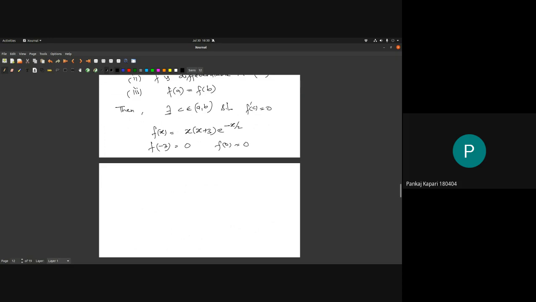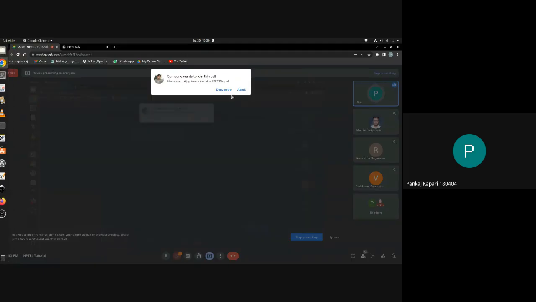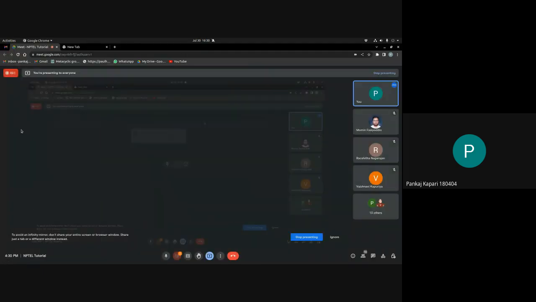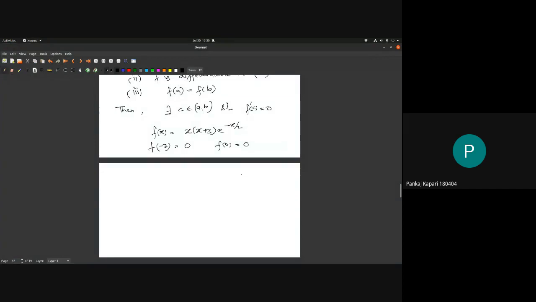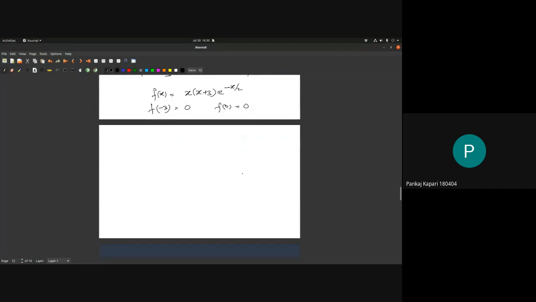So f(-3) and f(0) are equal. That means the given function satisfies all the hypotheses of Rolle's theorem. Therefore, there exists some c in the interval (-3, 0) such that the derivative of f at c becomes 0.